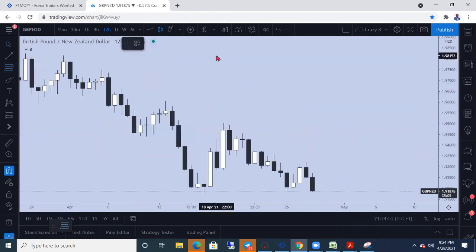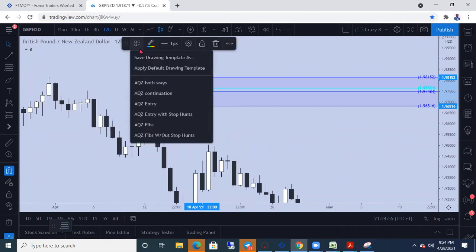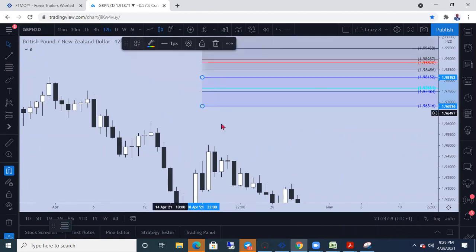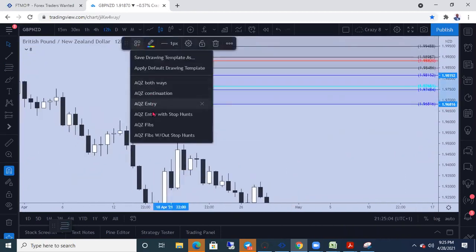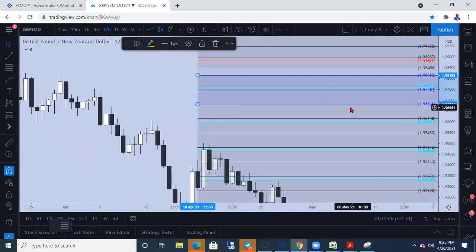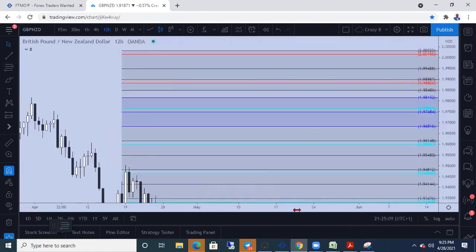But the AQZ has a full fib settings, and it looks something like this. Sorry, it looks something like this, AQZ fibs. This is the full fib settings for AQZ. Again, we have our AQZ block. This area here is called our stop hunt zone.